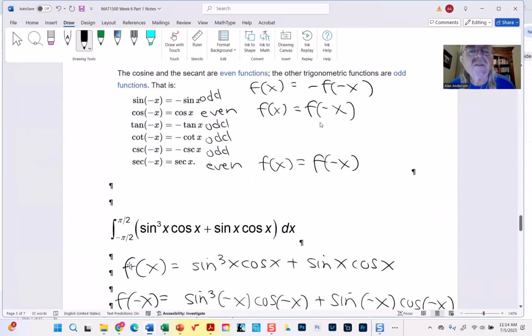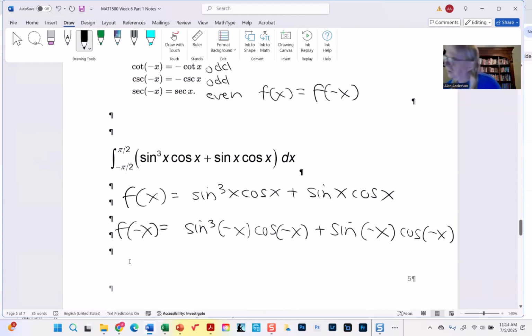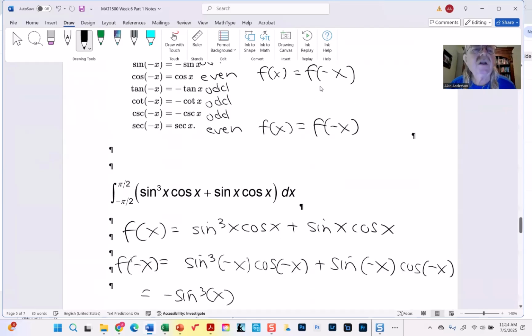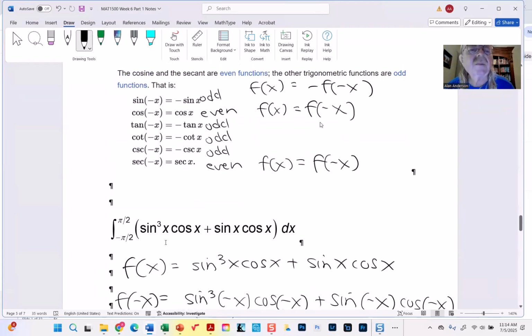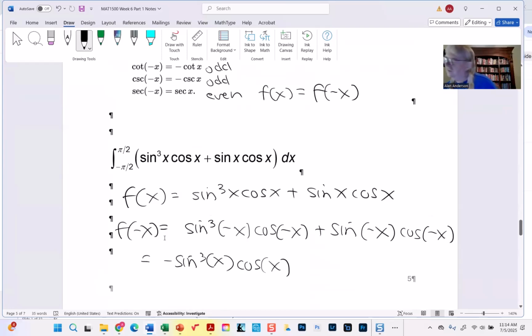So the sine of negative x is negative the sine of x. So that's going to be, and then for the cosine, this is positive cosine x. And then again, with the sine of negative x, that brings us back to negative sine x. And then the cosine, same thing.